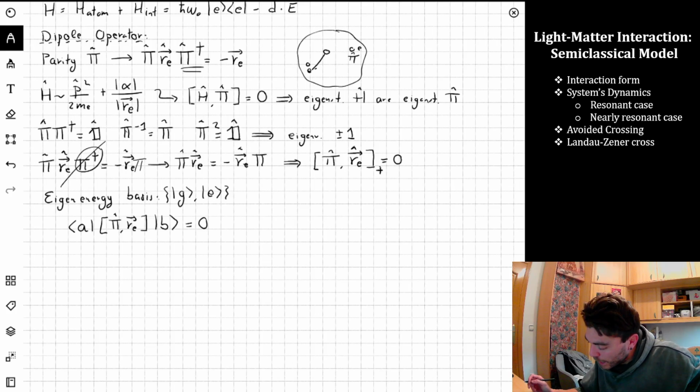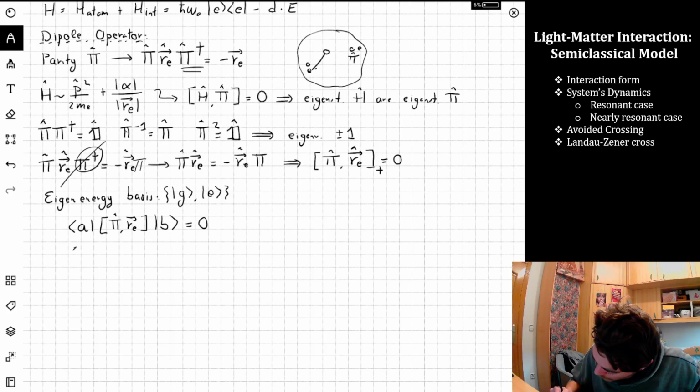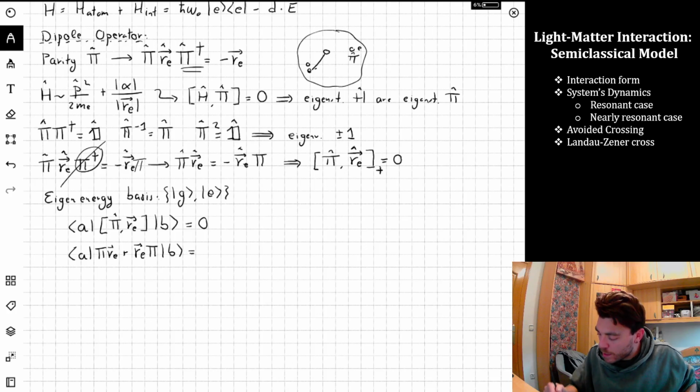Alright, in any case. But now, let's write this in another way. This is pi RE plus RE pi. Right? This is just from the definition of the anti-commutator.